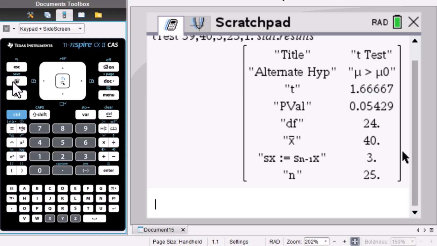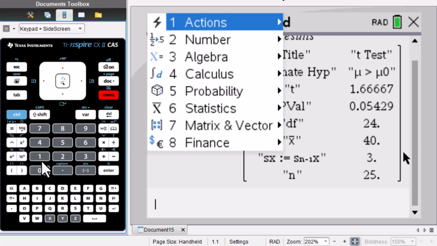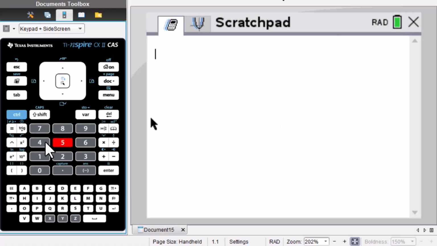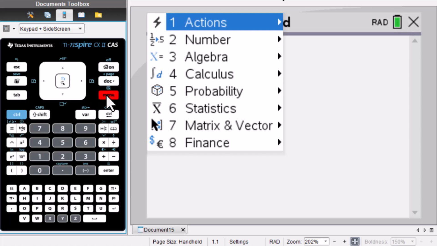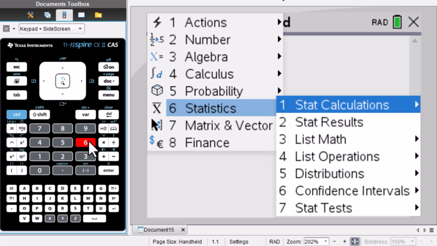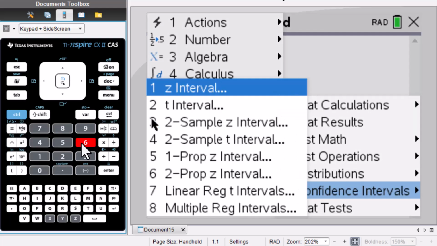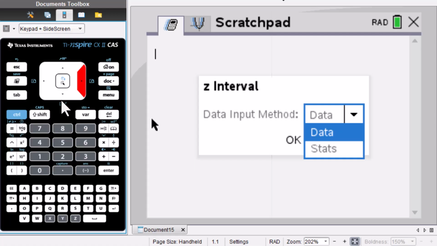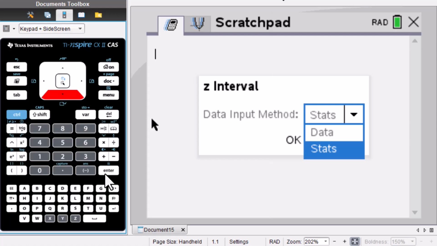We have to use the basic calculator in Scratchpad. Menu 1.5 to clear the history. Go to menu, 6, confidence intervals, Z interval. We are given stats instead of data.